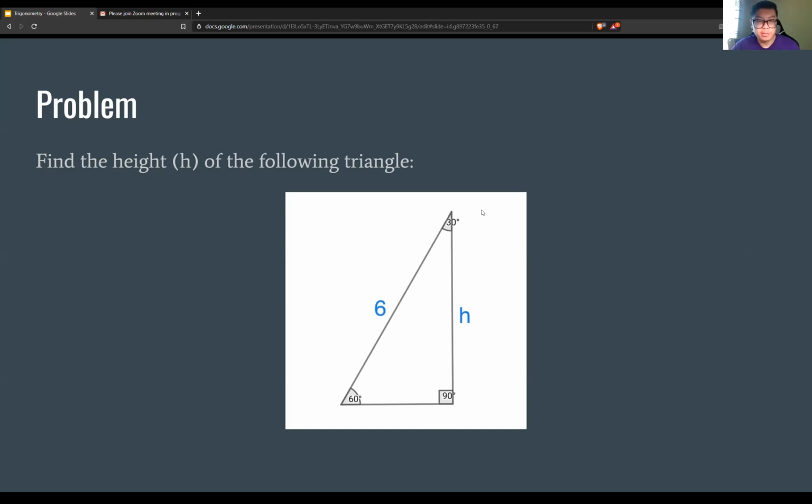I think I gave you way too many values here, but let's solve it the trigonometry way, actually. Okay, I'll get out the whiteboard. We're going to solve it using a trigonometry way. So we want to use a ratio that relates h with the hypotenuse length, which is 6.